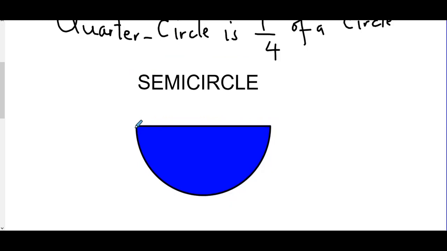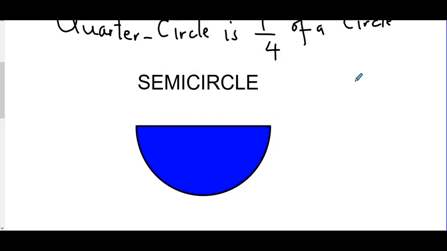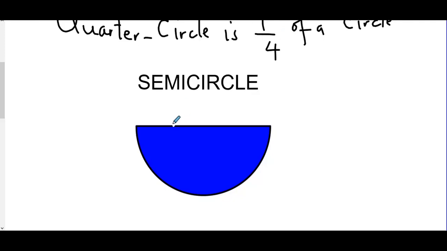This part looks flat. This flat portion is known as the diameter.